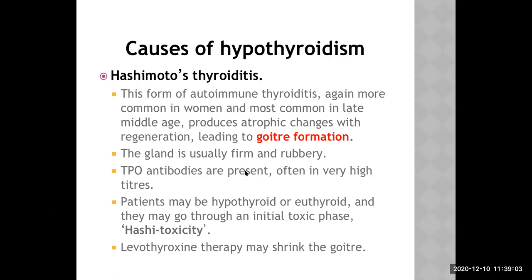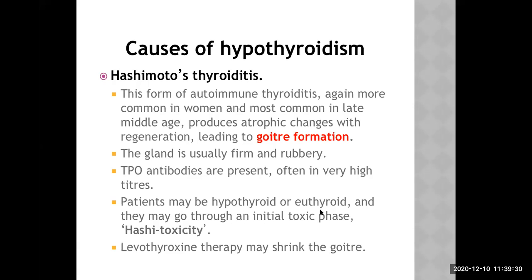If a patient has features of hypothyroidism, you first confirm it by doing a thyroid function test. After that, you want to know the cause of that hypothyroidism. For that, these days, one routine test is the anti-TPO antibody test. If that is present, probably it's a case of autoimmune thyroiditis like Hashimoto's.